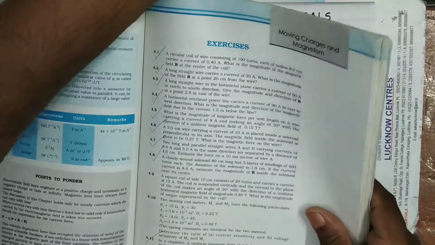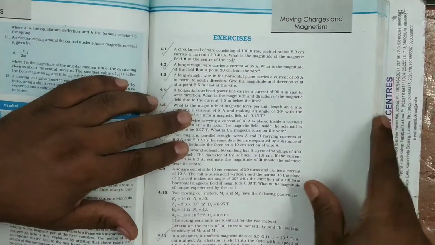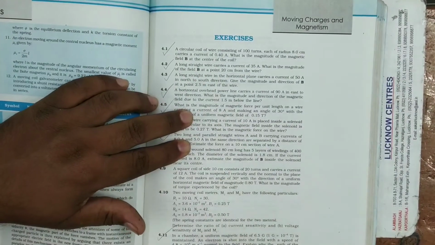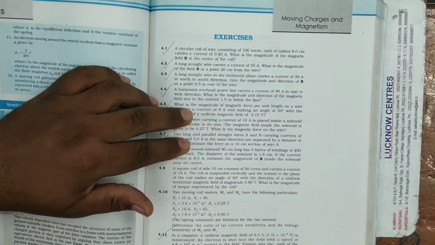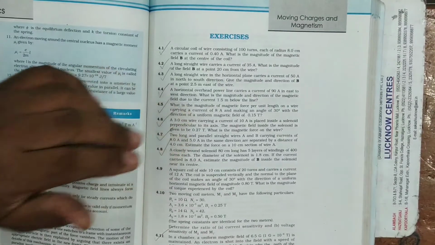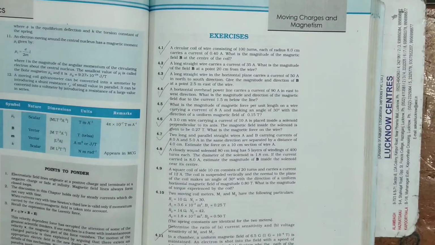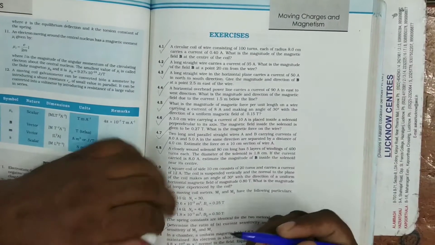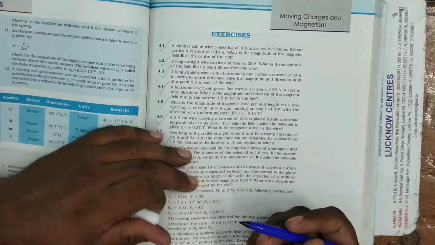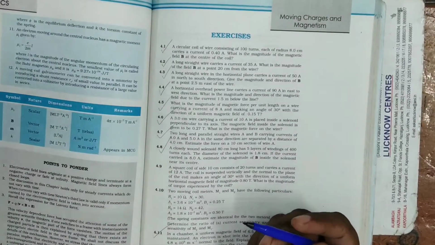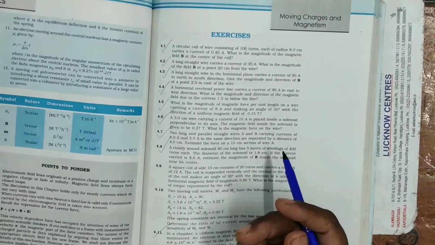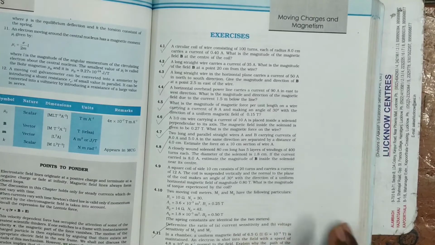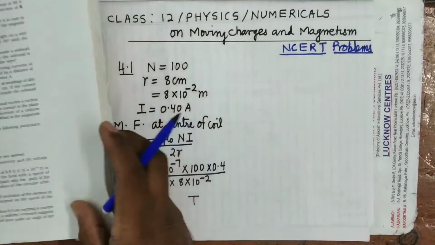These questions are very simple, directly based on the formula. When you solve these questions, you will get mastery in the formulae of this chapter. Now a long straight wire carries a current of 35 ampere. What is the magnitude of the magnetic field at a point 20 centimeter from the wire?